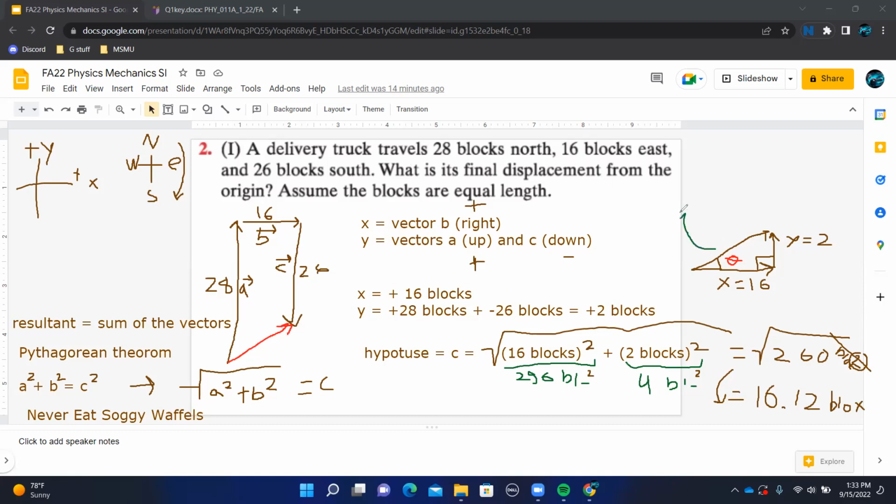So this is opposite from the angle. This is adjacent from the angle. And you know, tangent is equal to opposite over adjacent. Because SOHCAHTOA, TOA, opposite over adjacent.